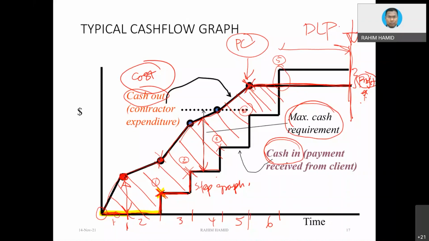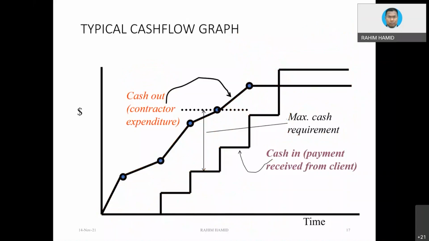Okay, now with the cash requirement issue, let's say on the 4th month here, let me erase some of the things. Cash requirement is being defined by cash out minus cash in.